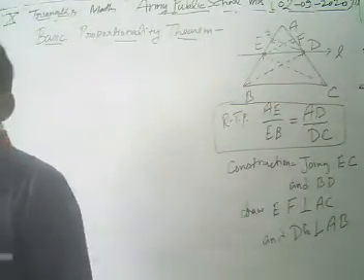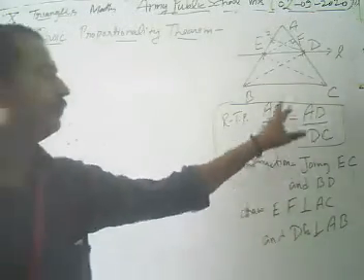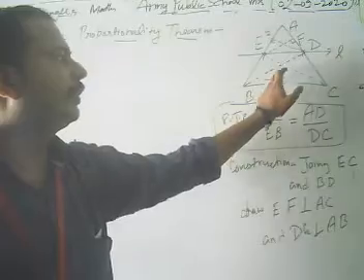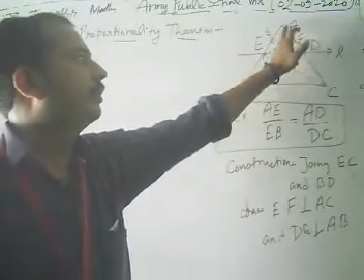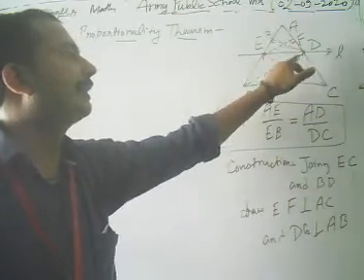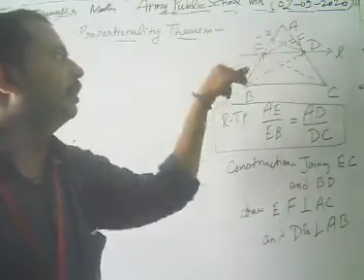Now we have done our construction part. We have joined E to C and B to D, and drawn two perpendiculars, one from E to AC, which is EF, and the second from D to AB, which is DG.